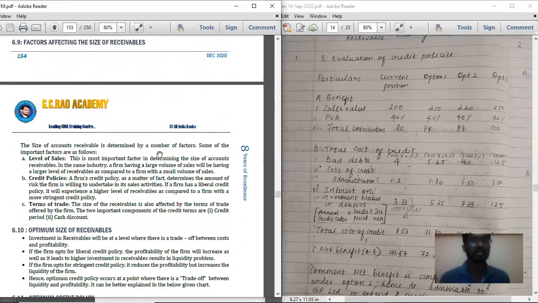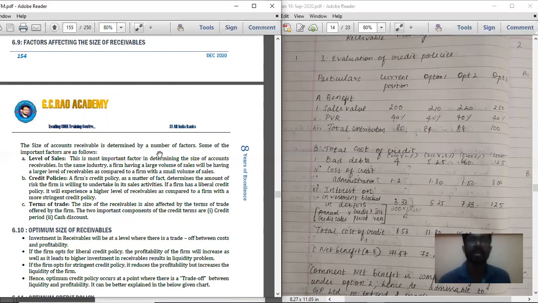And the size of accounts receivable is determined by a number of factors. That is, whether your accounts receivable is large or small. It is determined on the basis of level of sales. That is, if out of total sales, 3 by 4 is credit sales, then the size of accounts is high.